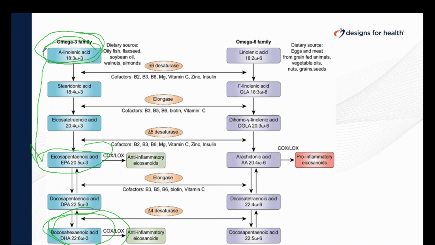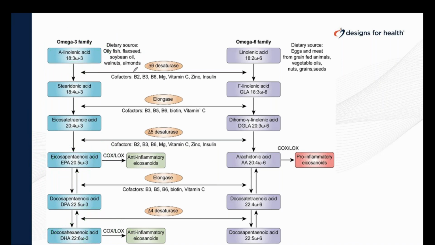So if you don't have enough ALA, alpha-linolenic acid, you have to give ALA to get it back to normal. In this case, you'd use something like flaxseed, because flax is very rich in ALA. EPA and DHA are probably not going to hurt them, but they're not going to help.